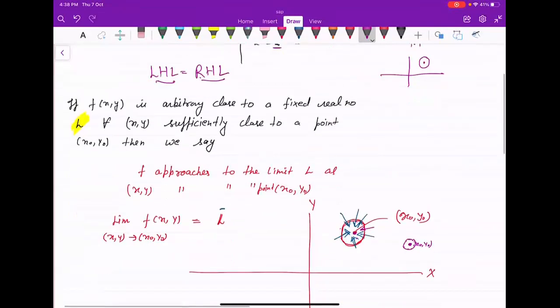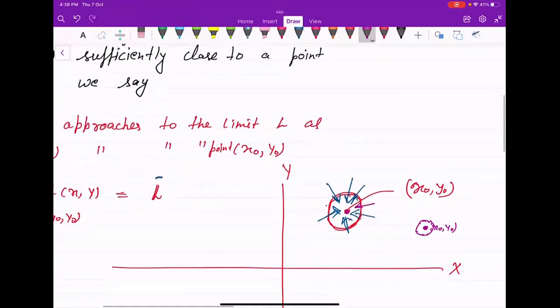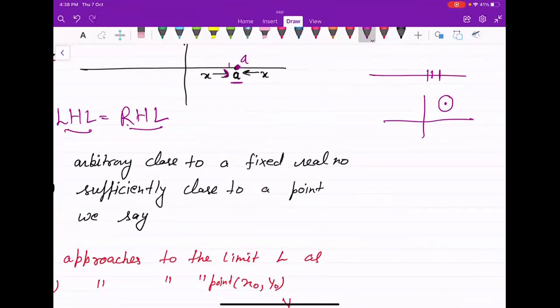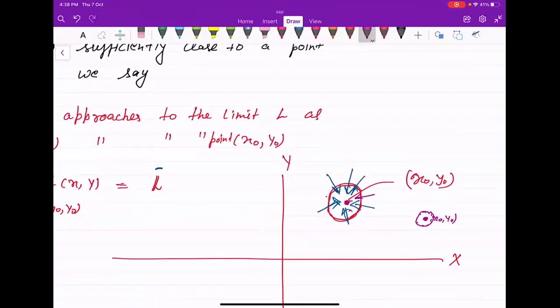But in the case of 2-dimension there are infinitely many paths, not only two. You can approach this point by any way.